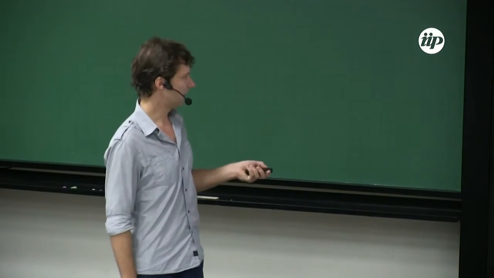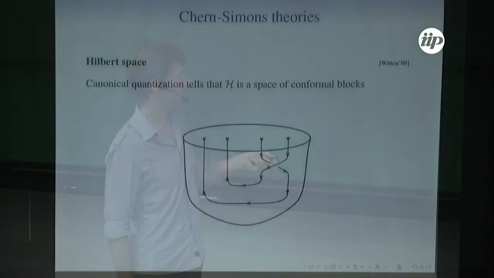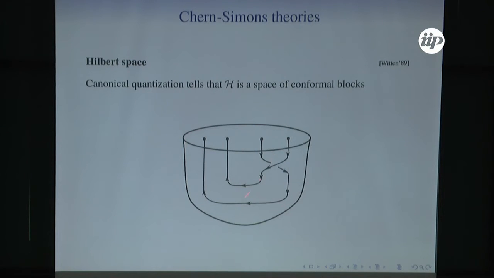So in this case, you have a space with a boundary. This is the boundary. There are some sources or Wilson lines inserted, and because the theory is topological, so the curvature is 0, you can change the positions of these curves, and you can actually draw them on the boundary of the space. And this particular state of Chern-Simons can be mapped into a vacuum conformal block.